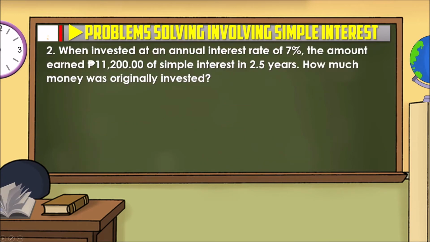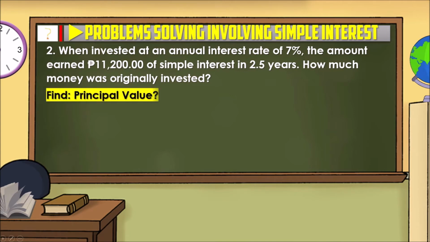Number 2. When invested at an annual interest rate of 7%, the amount earned, 11,200 pesos, is simple interest in 2.5 years. How much money was originally invested? In this example, we need to find the principal value.